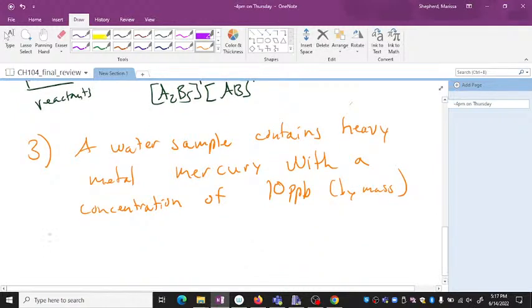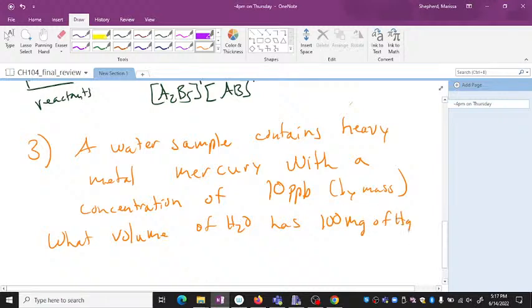And so what volume of water has 100 milligrams of mercury then? And you're given a hint that the density of water is just 1 gram per milliliter.